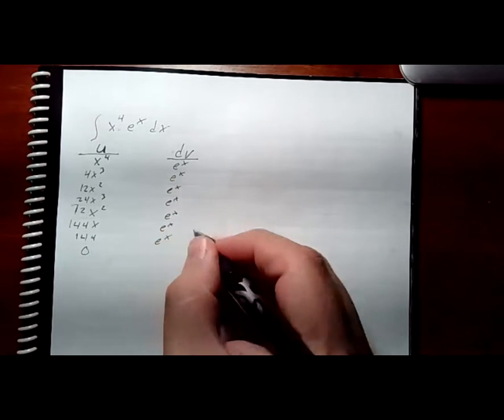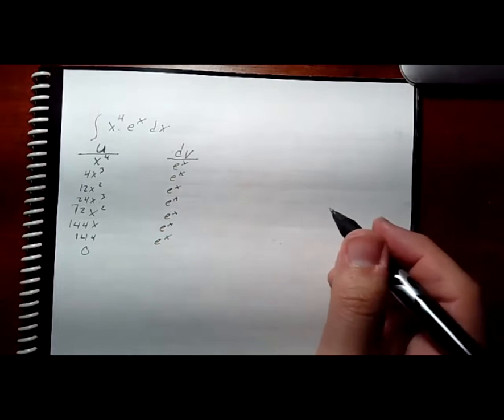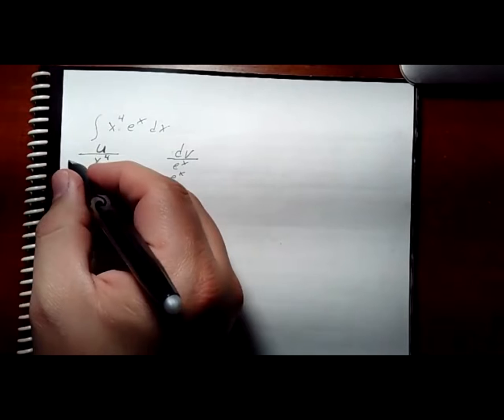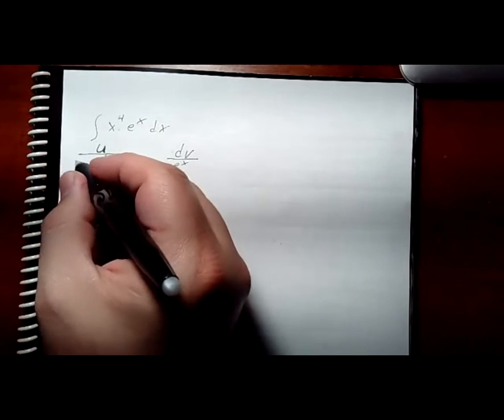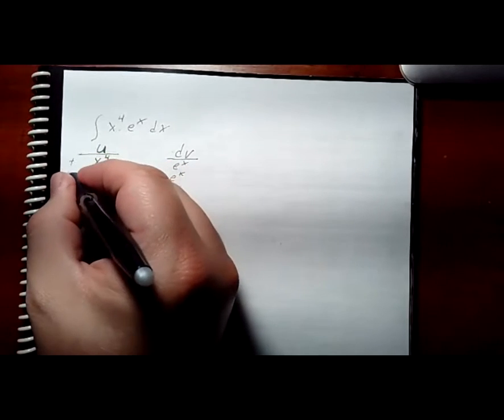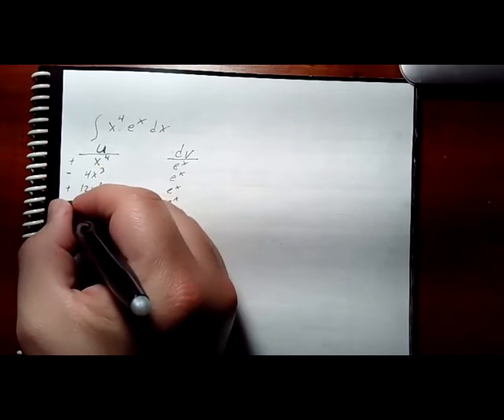No big deal. So this is the tabular method, and it's going to oscillate between plus, minus, plus because of the built-in negative that's inside integration by parts.